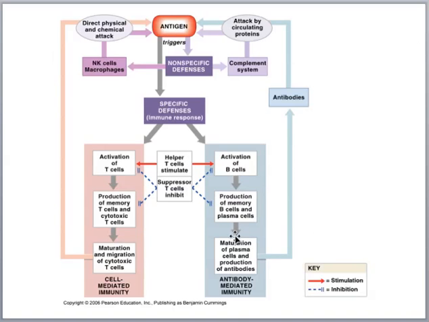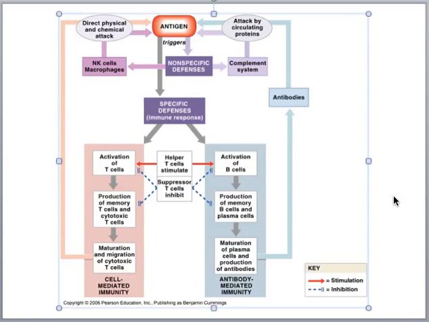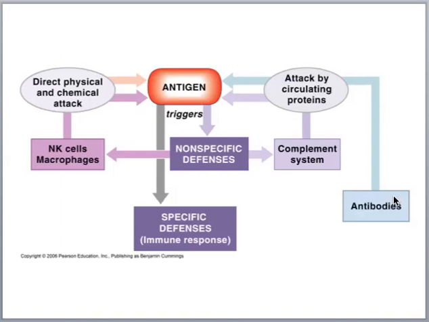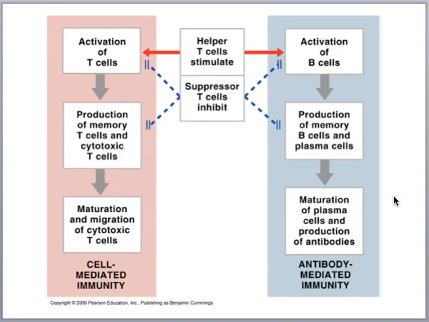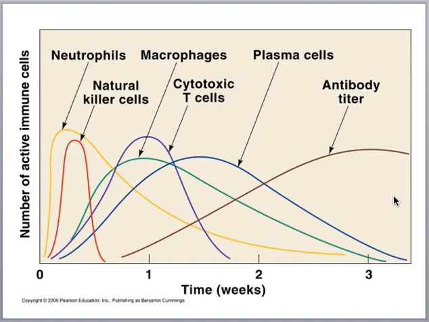So this is a really nice way for you to look at this and review, and then see how these suppressor T cells are going to help control and inhibit this immune response to keep things in check and not go overboard. This is just a little bit larger. I could have used this to talk to you about it, but I didn't.